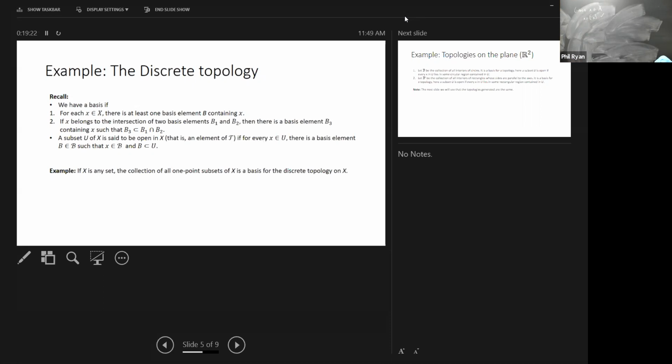Secondly, if x belongs to the intersection of two basis elements, then there is a third basis element. What about this one? So if x is an element of B1 intersected B2, what does that tell us about B1 and B2?